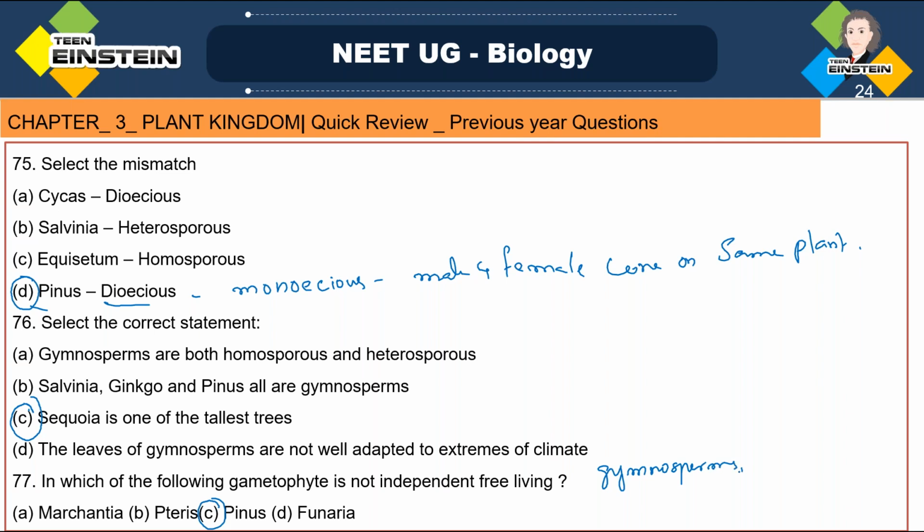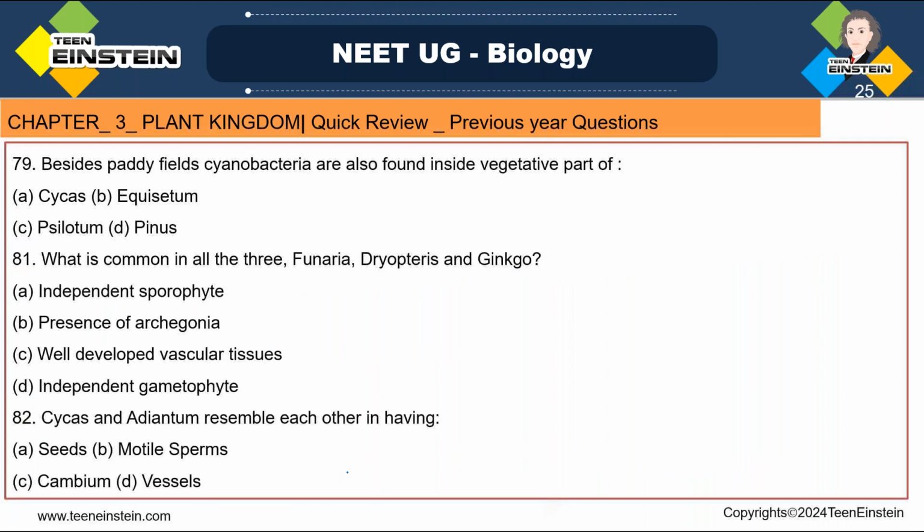In that, the male and female gametophytes do not have an independent free living existence. They remain within the sporangia, which are of two types, microsporangia and megasporangia, right? They are present inside the microsporangia and megasporangia. So male and female gametophytes do not have an independent free living existence in Pinus, right?